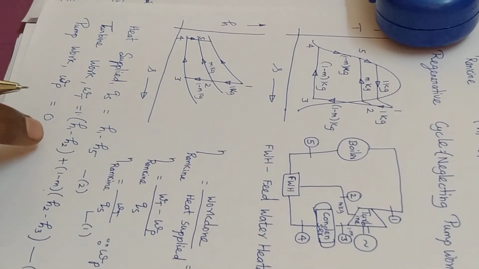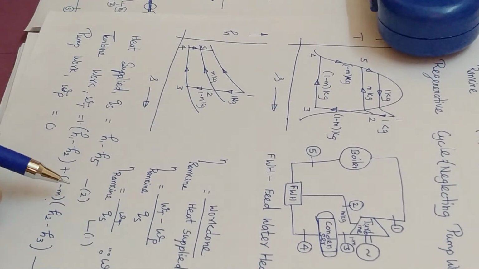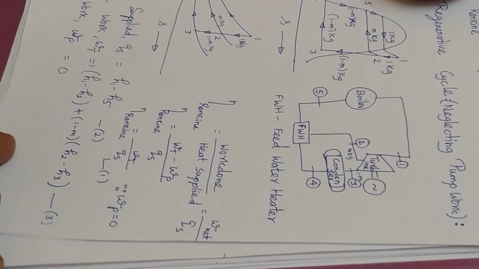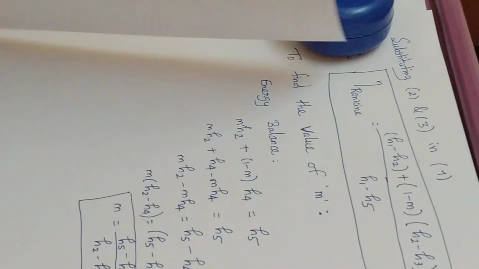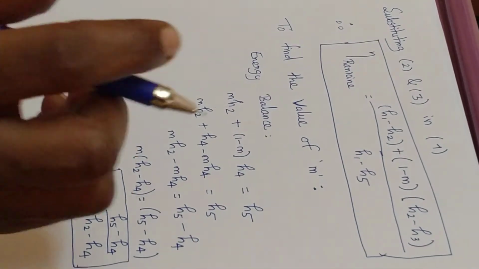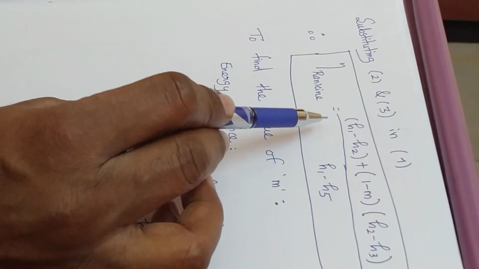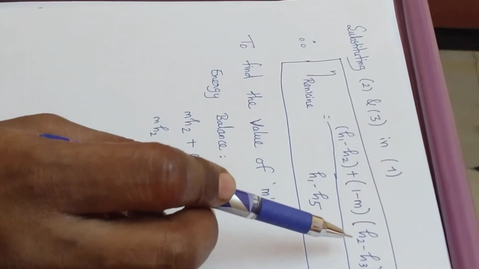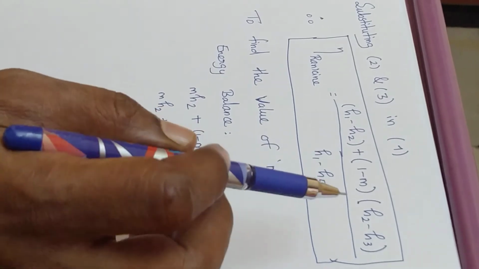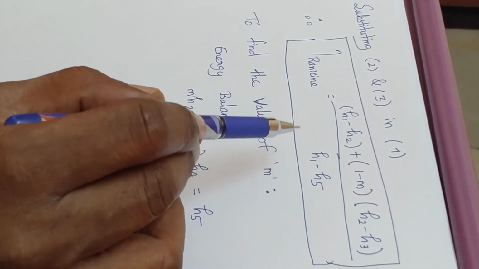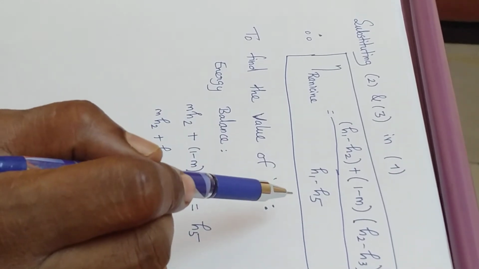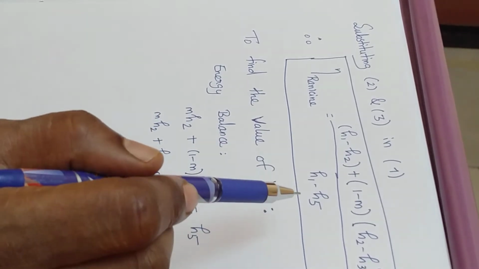There is not much difference. So we get equations 2 and 3. Let us substitute equations 2 and 3 in the above equation 1. We get the efficiency of the Rankine cycle as H1 minus H2 plus 1 minus m into H2 minus H3, divided by H1 minus H5. So here H1, H2, H3, H4 and H5 you can find either by using the steam table or Mollier diagram or HS diagram.